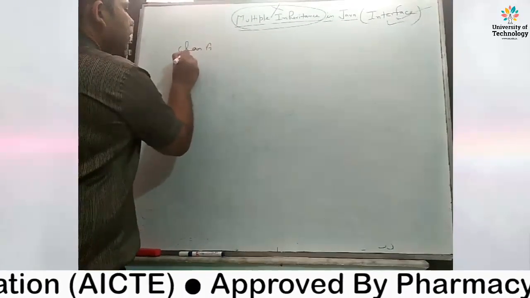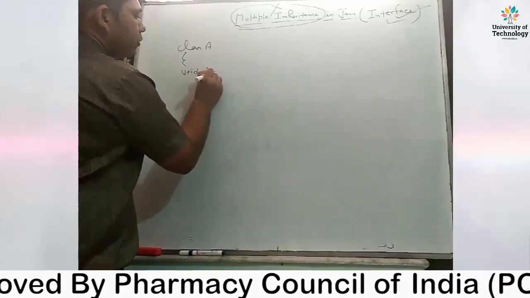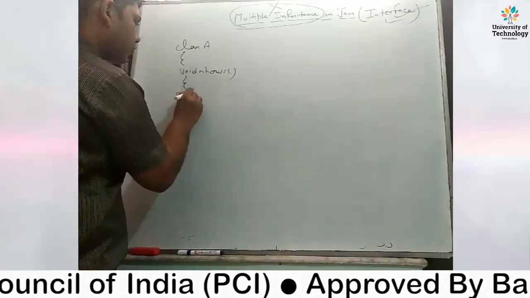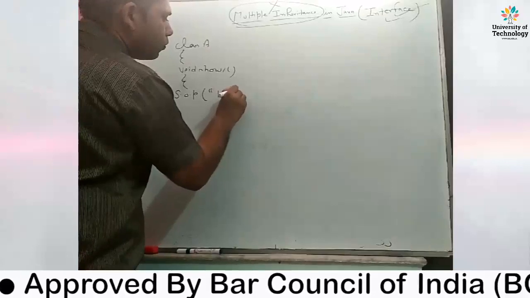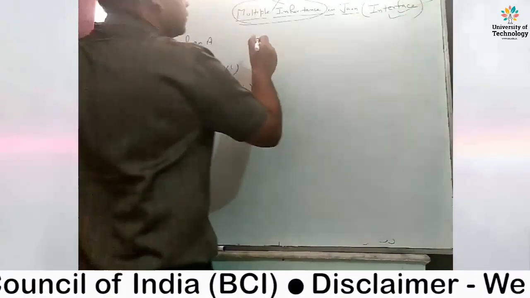Class A, void show1, System.out.print hello, this one and this one.